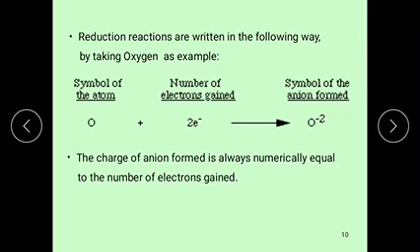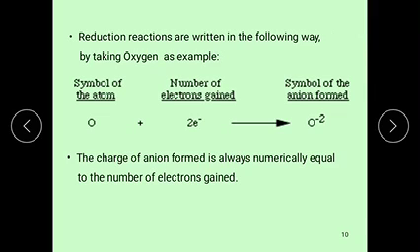The charge of the anion formed is always numerically equal to the total number of electrons gained.